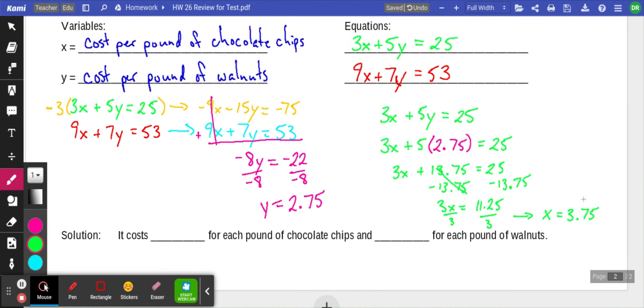In other words, $3.75. Since x is our cost per pound of chocolate chips, we see that it costs $3.75 per pound of chocolate chips, while it costs $2.75 per pound of walnuts. And that should be the end of that question.